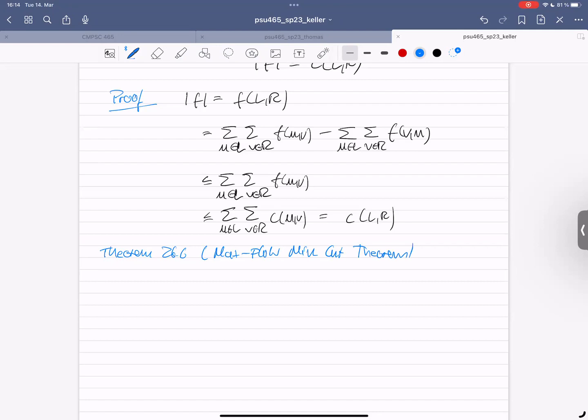Which tells us that the following are equivalent. The following are equivalent, TFAE for short. A, that F is a maximum flow in our flow network, so that's what we want. So F is a maximum flow in G. Second is that the residual network has no augmenting flow.